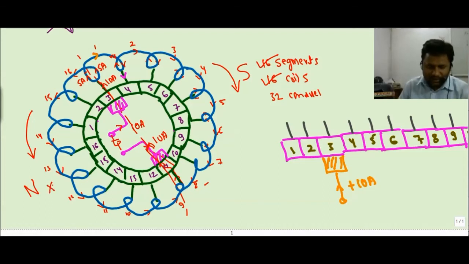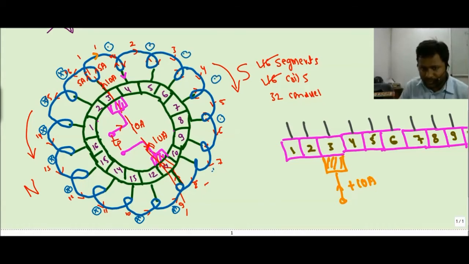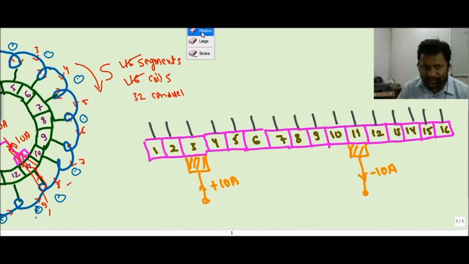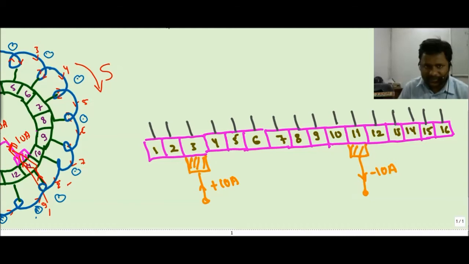Then all these conductors experience a cross, and the others experience a dot. If I elaborate this for the sake of explanation, the windings are placed like this.